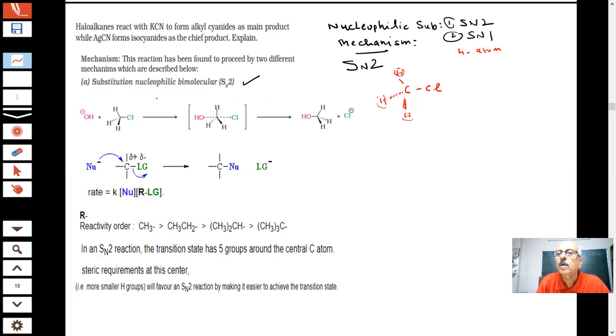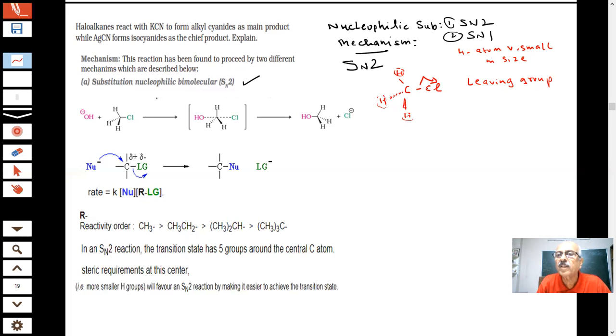Now the halogen has to leave. This is called the leaving group. The leaving group will leave and the nucleophile will come.